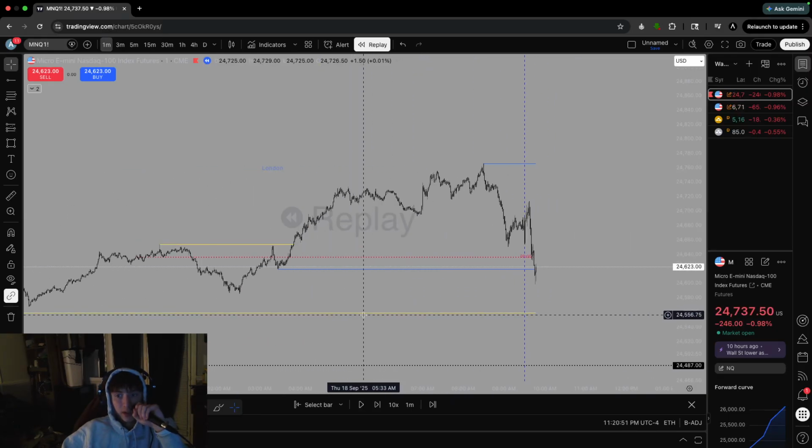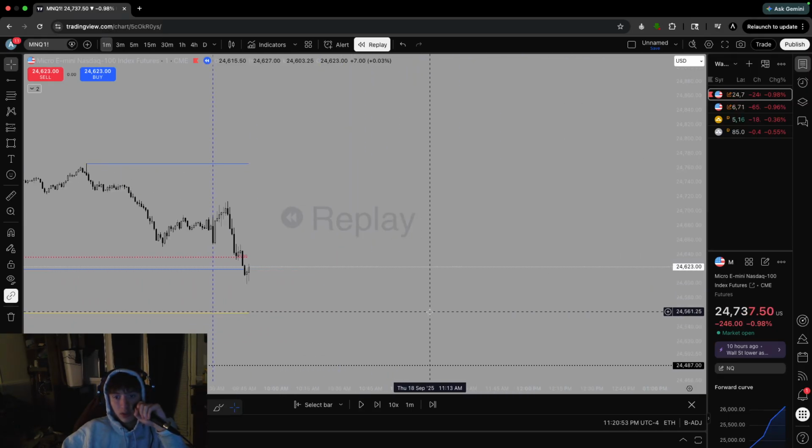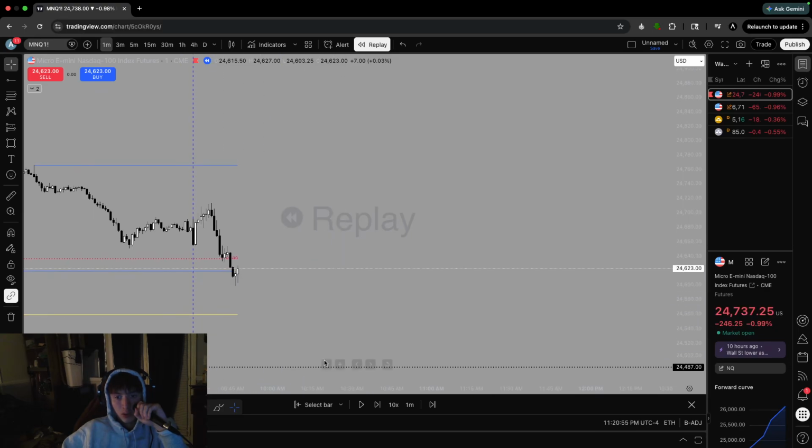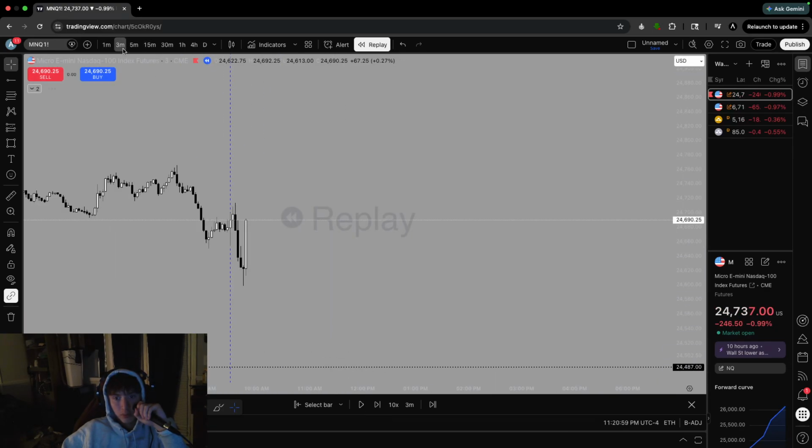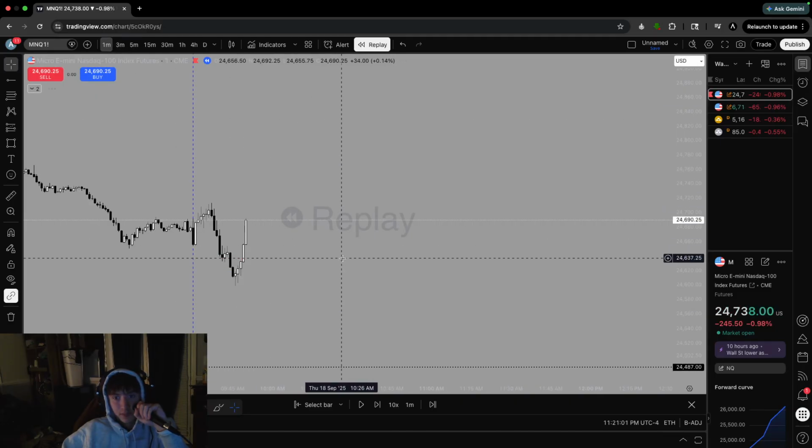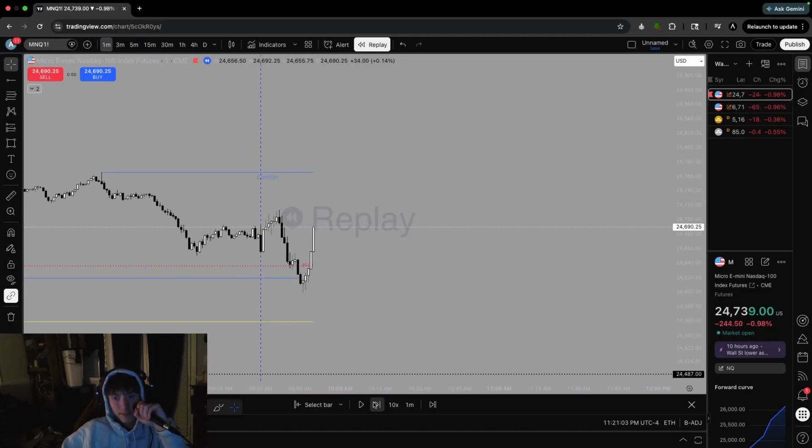Sweep of liquidity. We just swept London low. Now, oh, big old inversion here. Oh, do we get this retrade? This is a little weird.